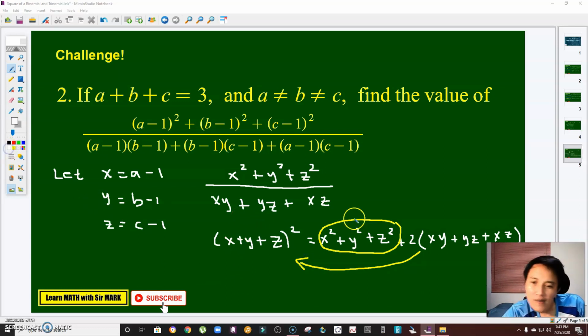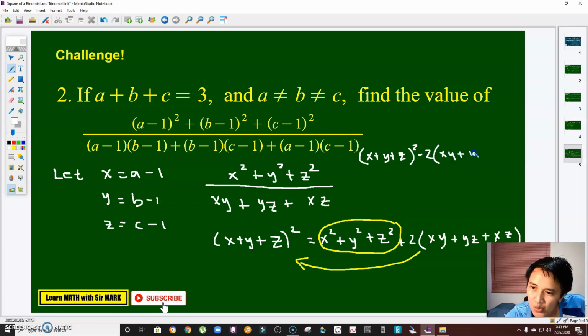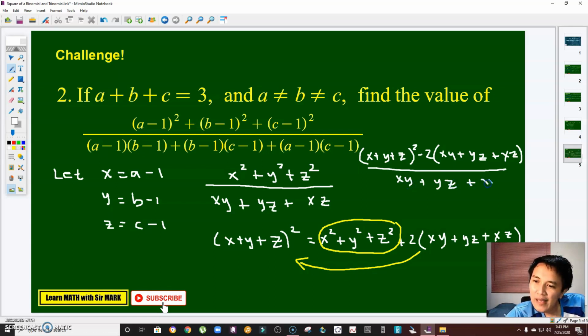So this numerator can be written as X plus Y plus Z to be squared, minus twice XY plus YZ plus XZ, all over the same expression, XY plus YZ plus XZ.